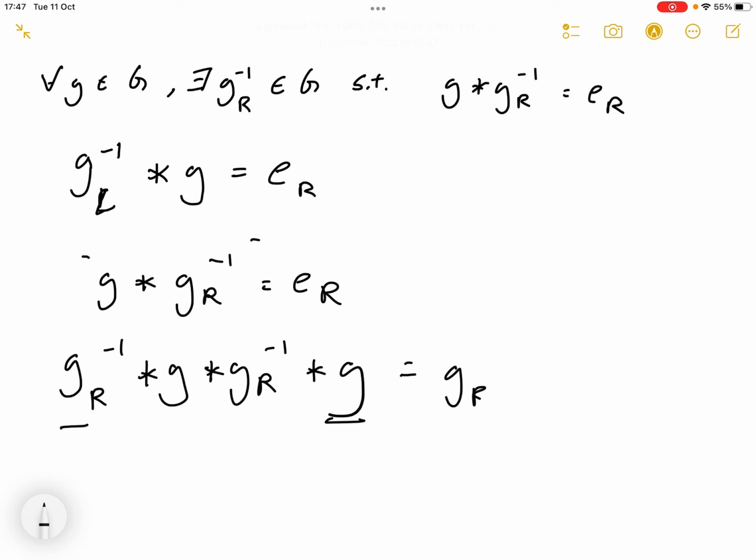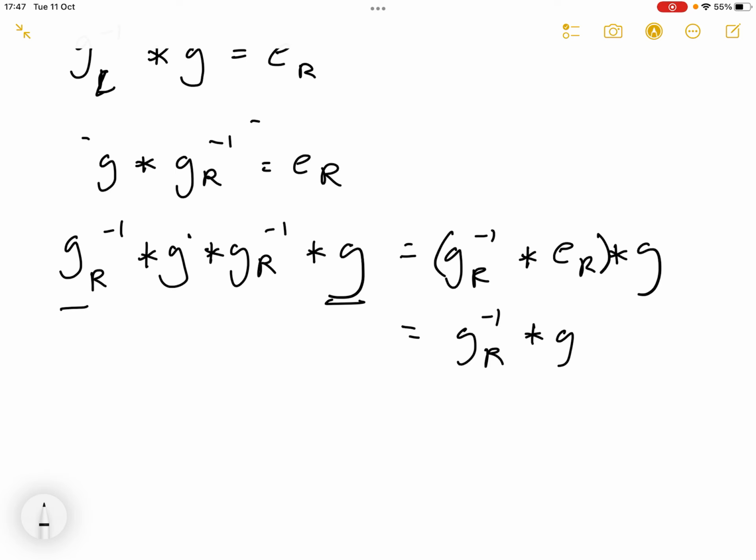So we get G R inverse star E R star G. And since E is a right identity, we have that this is equal to G inverse R star G.